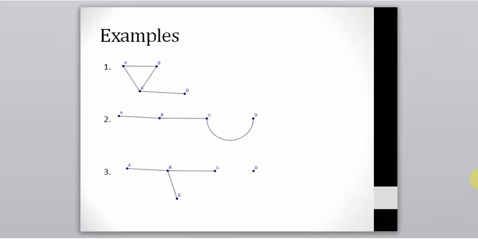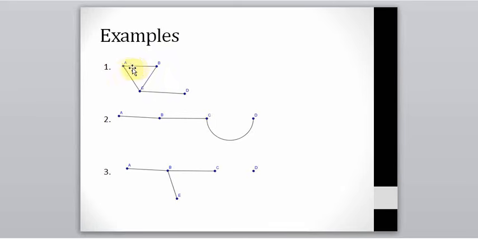So here are some examples of graphs. Look at number 1. We have here 4 dots, so that means 4 vertices, with also 4 edges, which are these line segments.